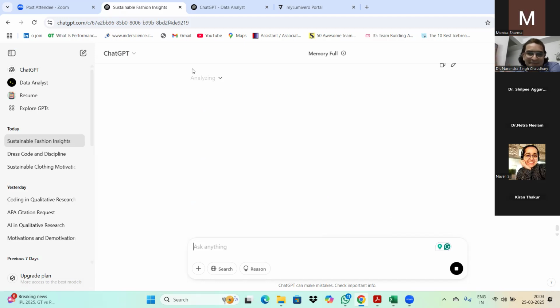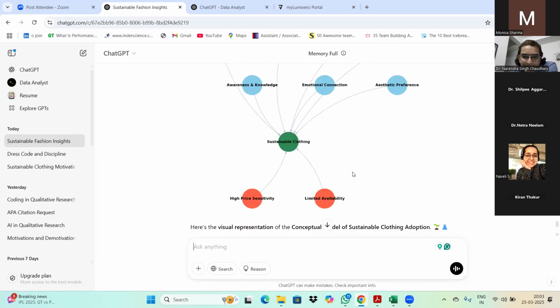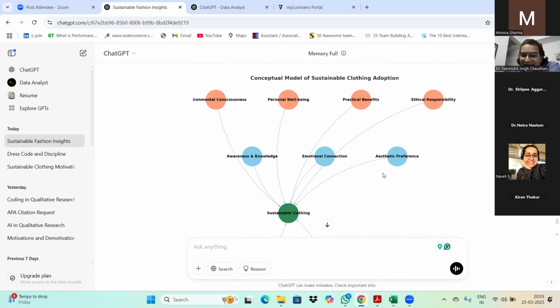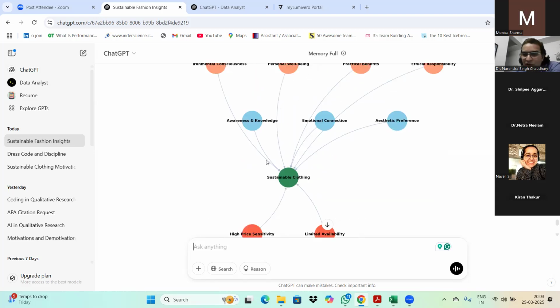But it can give you, ma'am, what I'm talking about, the conceptual model initially. Can you see this one? Yeah, perfect. So I can use this particular diagram in my research paper directly. I hope this will work better, because NVivo will also generate a similar kind of thing, but this is more comprehensive, easier to use and understand.